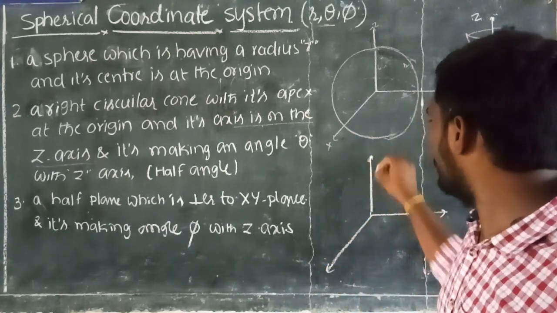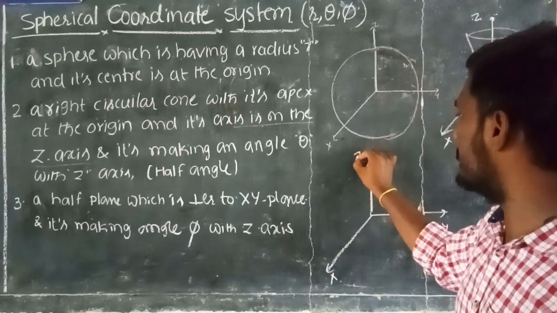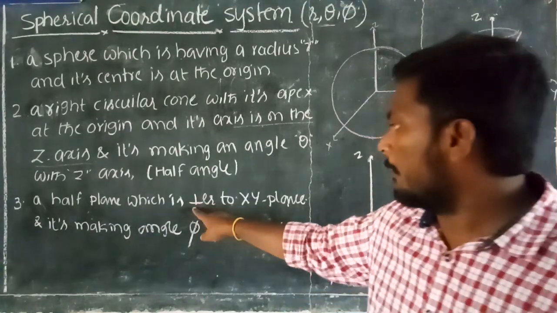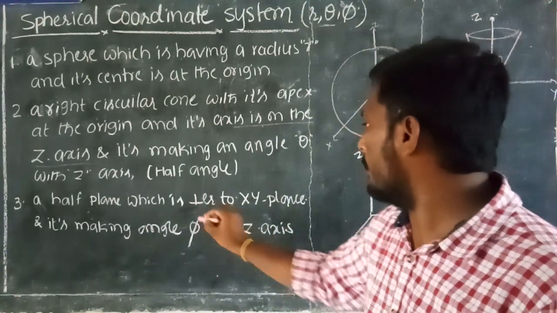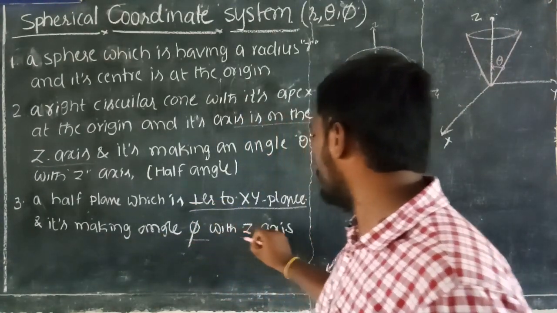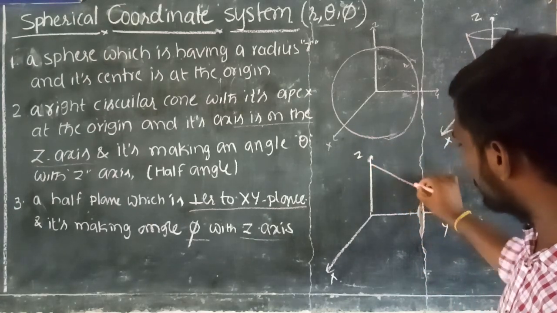It is a half plane. That means the half plane is also drawn on the x comma y comma z axis. How will it be? It is perpendicular to the xy plane and it is making an angle phi. That means the half plane will be like this.